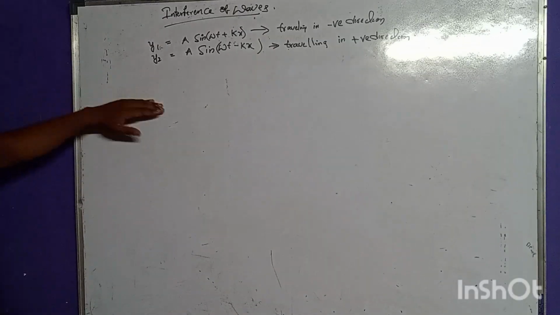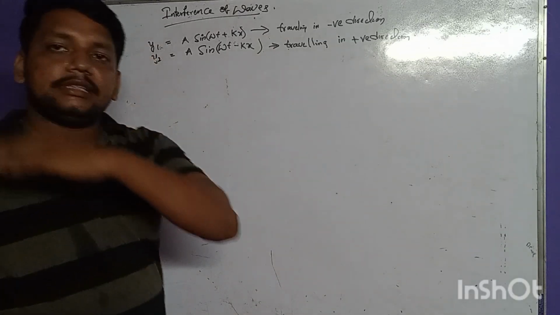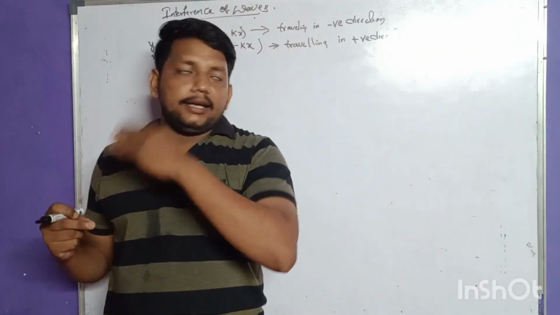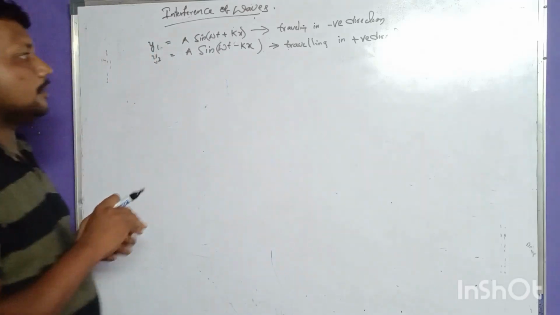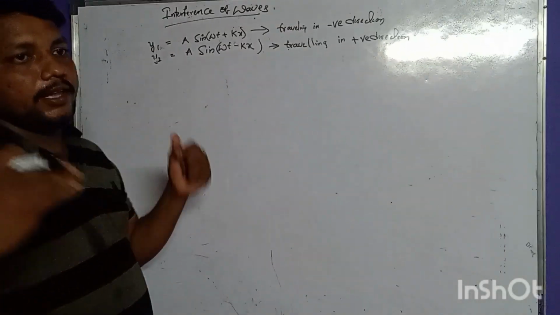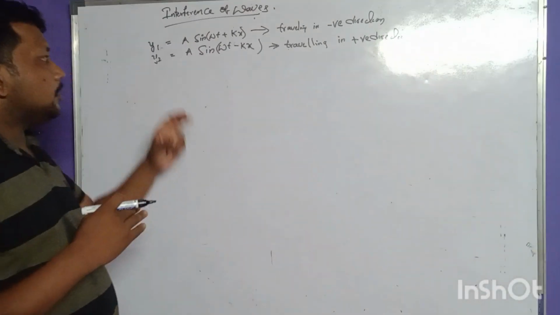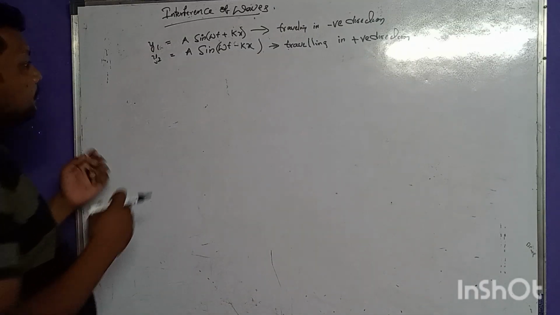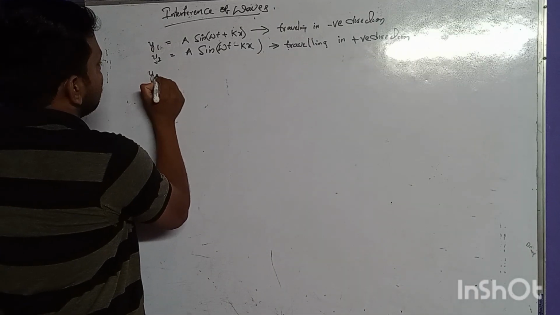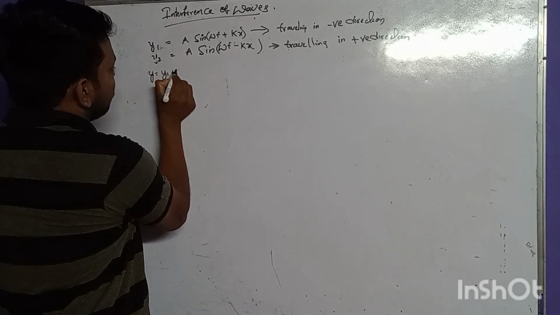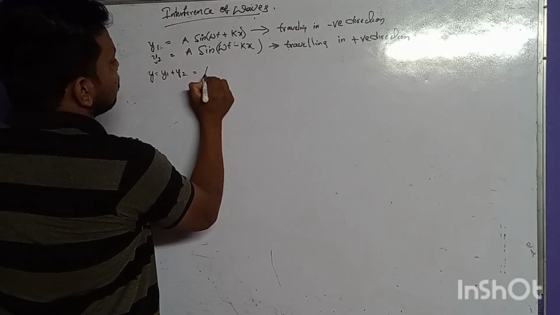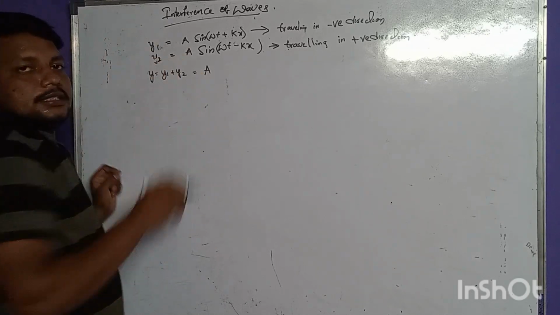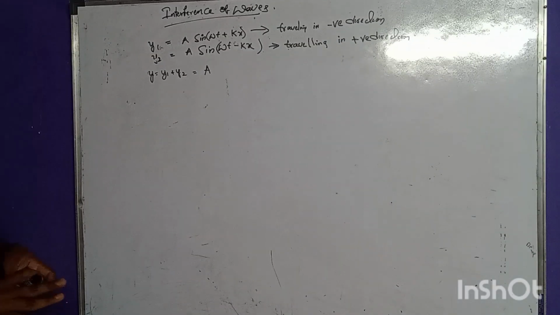If we add two waves, one wave is traveling in right side, one wave is traveling in left side. When they are meeting, the new wave appears, right? That wave is y is equal to y1 plus y2 is equal to a, same amplitude.